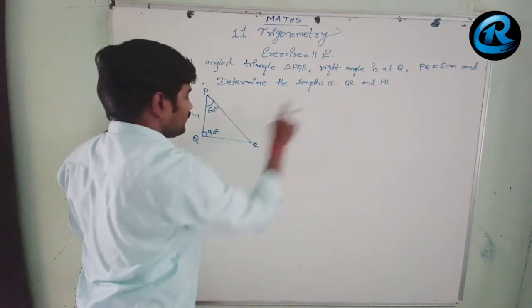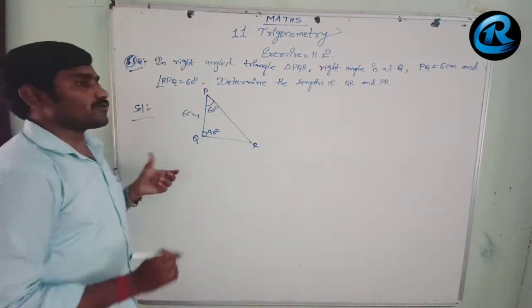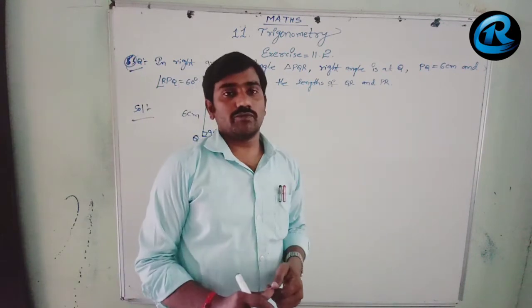Determine the length of QR and PR. And remember, these kinds of problems mainly we do in the application of trigonometry in the 12th chapter.